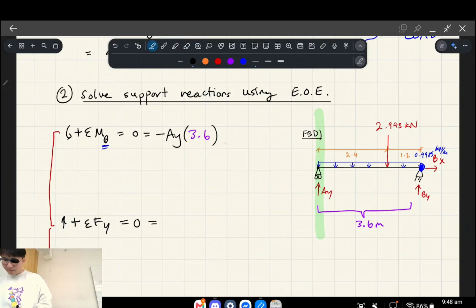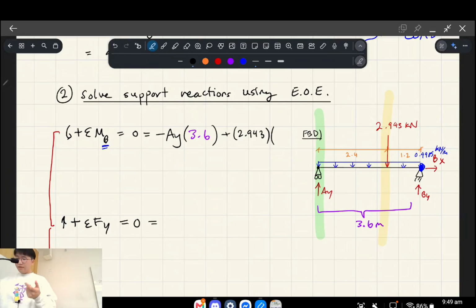Okay, next, we're going to consider, like you were saying earlier, the line of action for the external force. The force is 2.943. It produces a counterclockwise spin about point B, and so it's going to be positive.